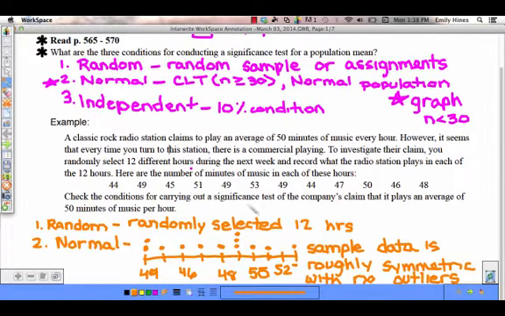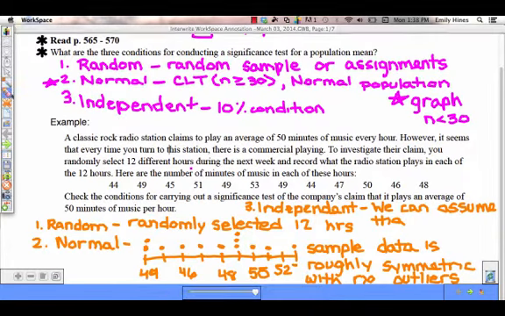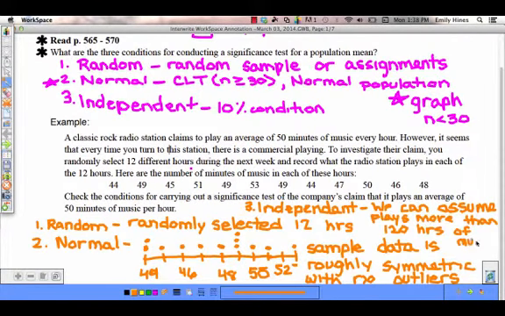And we have independent, and I'm going to put that one up here. Because we are sampling here, this would be the 10% condition. So we can assume the station plays more than 120 hours of music in a week, since 10 times 12 is 120, because he sampled these all in the same week.